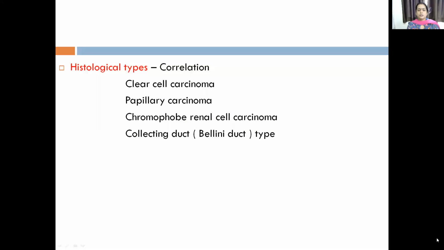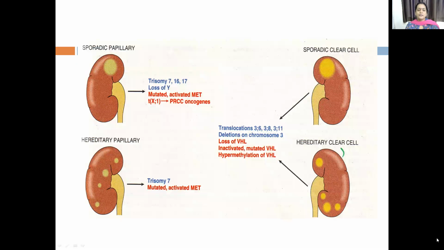Okay, so histological types: clear cell carcinoma, papillary carcinoma, chromophobe renal cell carcinoma, collecting or Bellini duct type carcinoma. So here we see the sporadic papillary renal cell carcinoma, upper pole is usually involved, even in sporadic clear cell. So we have this activated MET gene associated with sporadic papillary.